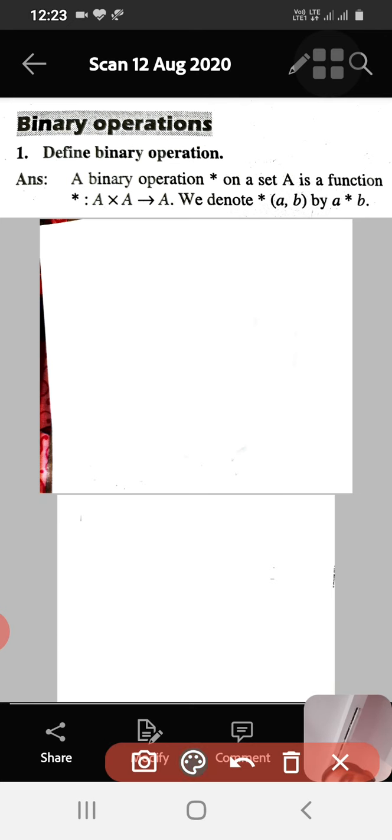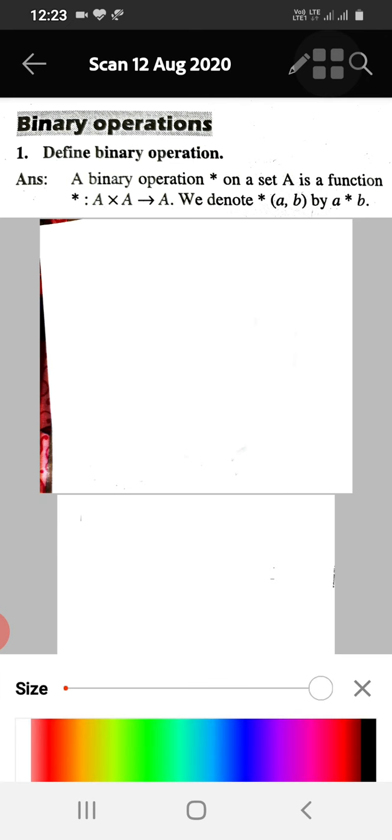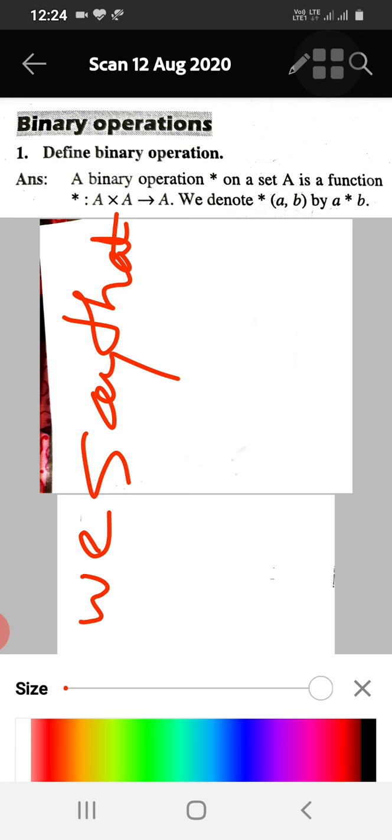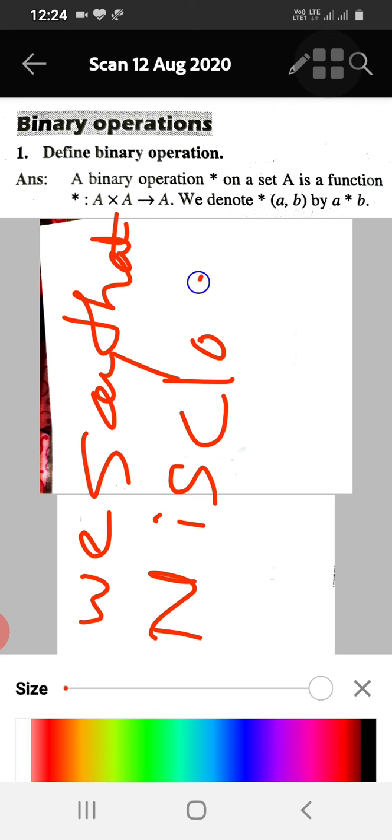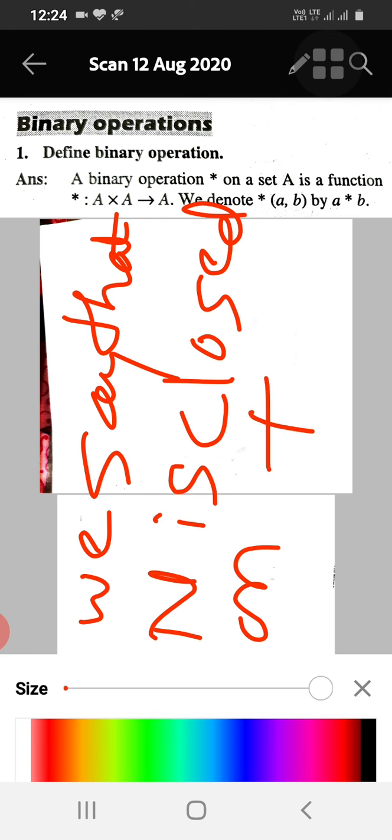Observe the example which I have taken. The conclusion is, we say that N, the set of natural numbers, is closed on addition, that is plus.